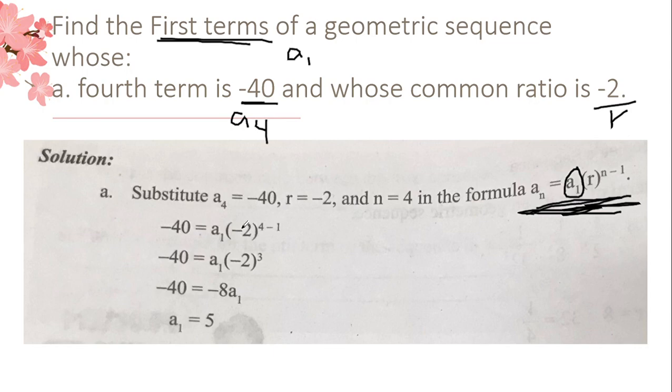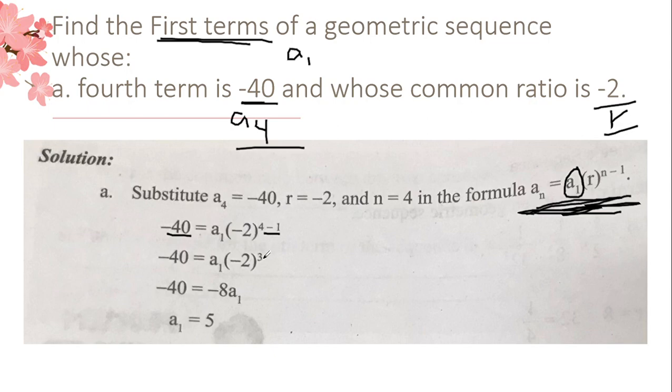So we have here negative 40, mao ni ang ato a sub 4. And then that is equal to a sub 1, negative 2 is r, and then si n nato is 4 minus 1. Nganong 4 man ta diri, because ang ato negative 40 is ika fourth term siya. So 4 minus 1, that is 3.